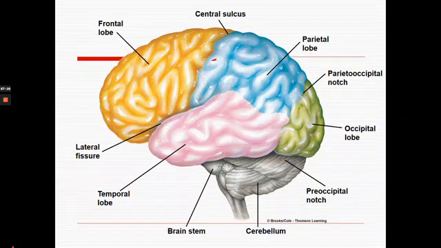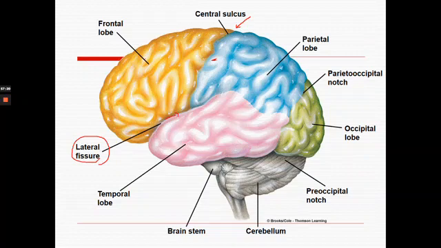This is the cerebral cortex, a lateral view of the cerebral cortex. This cerebral cortex is divided into lobes by sulci, plural of sulcus. This is the central sulcus, and this is the lateral sulcus or lateral fissure here.